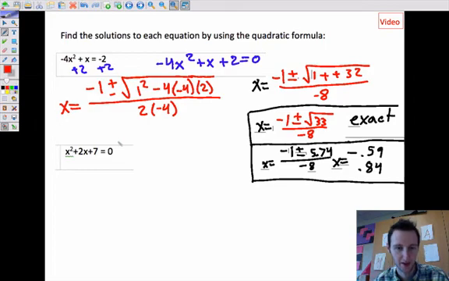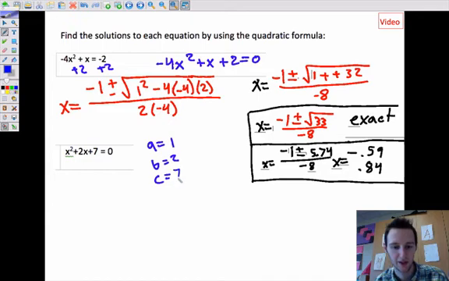For this next one, first just go ahead and identify a, b, and c. a is the coefficient on the x squared term, which is 1. b is the coefficient on the x term, which is 2. And c is just your constant term, which is 7.